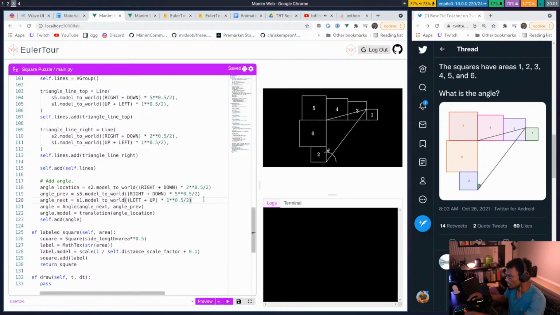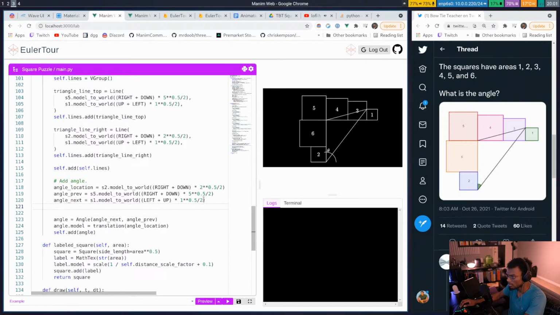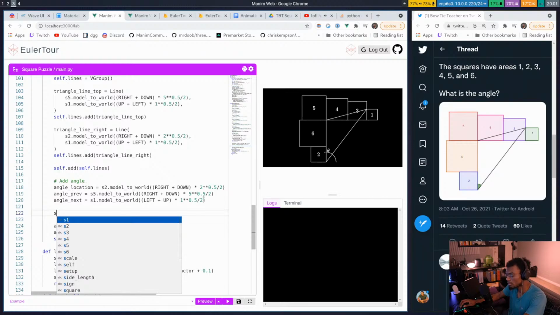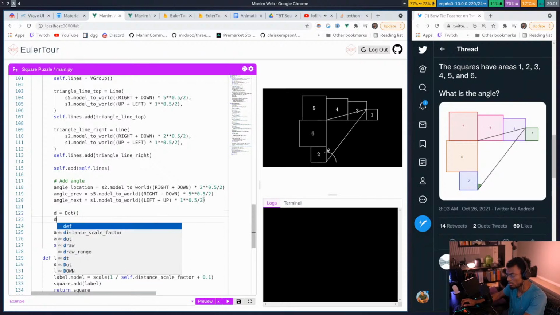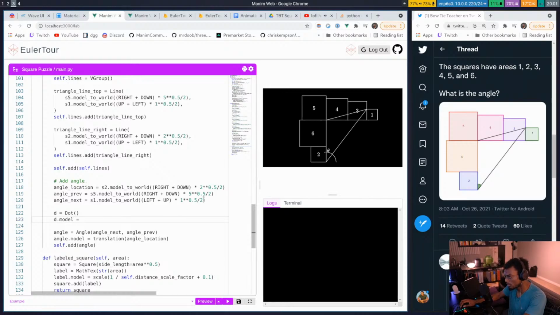Okay, I have to see what points these are. D equals dot. Translation, should be able to put angle prev.